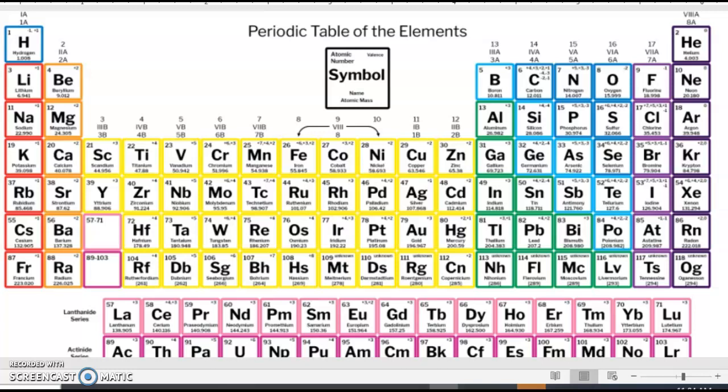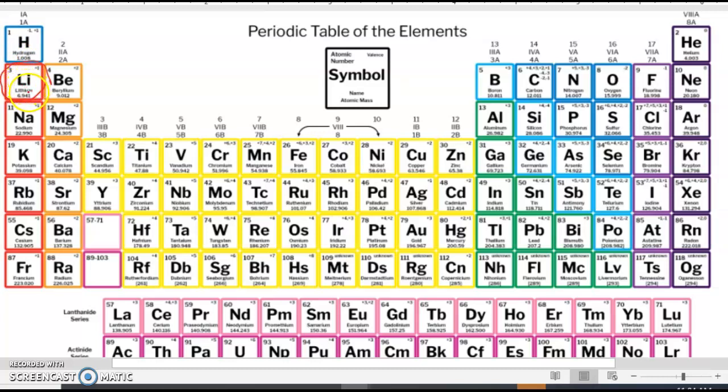Okay, so if I were to look here, let me get a little pen going. All right. There we go. Lithium is right here. You'll see that lithium has 3 electrons.